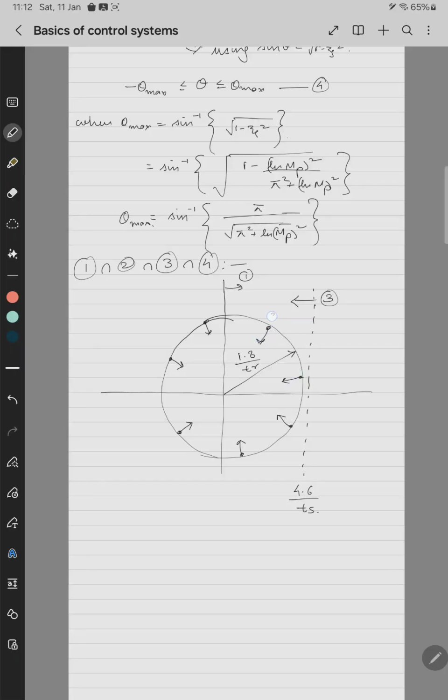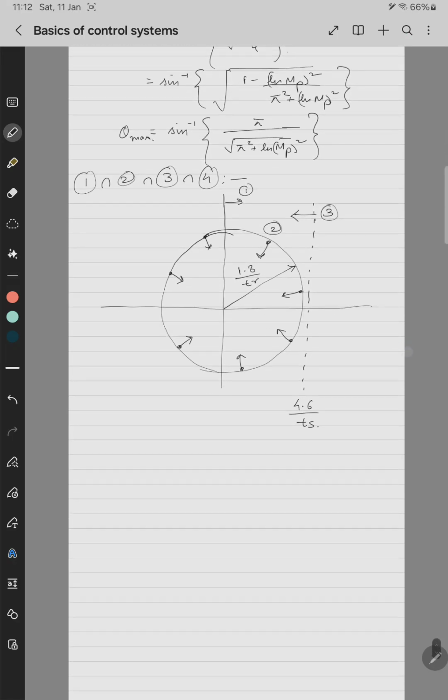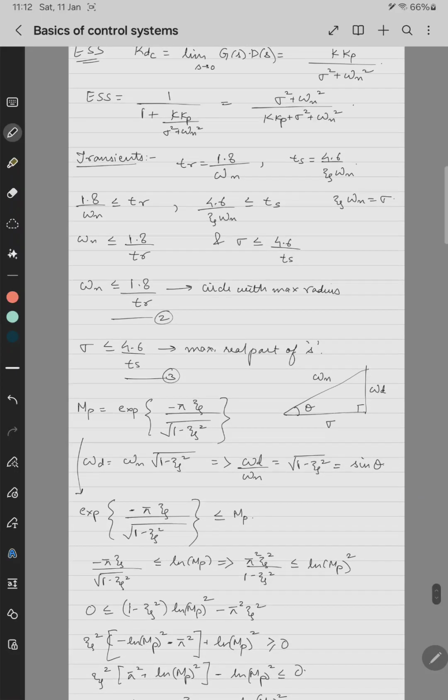This is by equation number 2. And equation 4 says that theta is between theta max and theta minimum. Okay, theta max, theta minimum, but theta should be on the left hand side or right hand side of the axis, that we'll just quickly see.